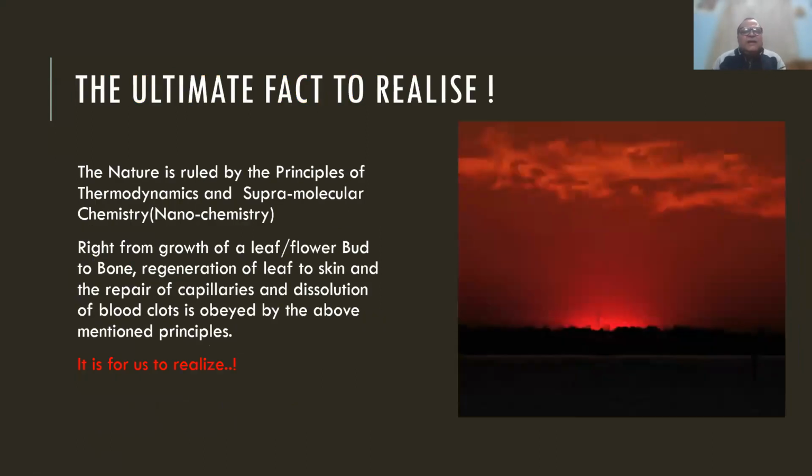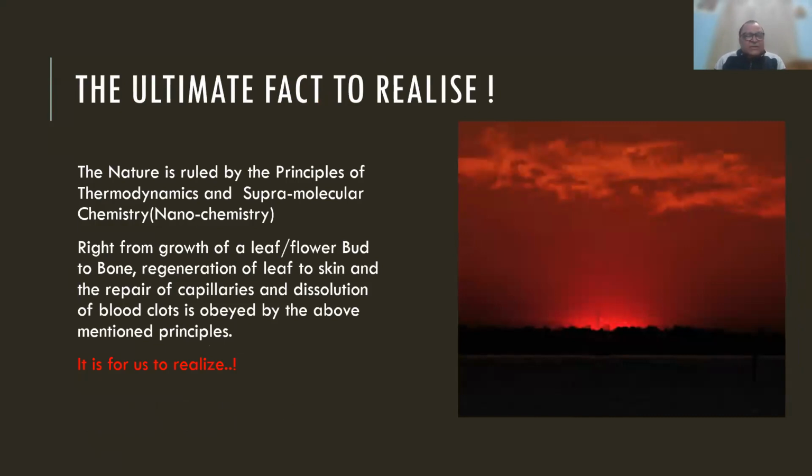So the ultimate fact to realize is that nature is ruled by the principles of thermodynamics and supramolecular chemistry that we perceive basically as nanochemistry, right from the growth of a leaf or a flower bud, to bone regeneration, regeneration of leaf to skin, and the repair of capillaries and dissolution of blood clots, all obeying the above mentioned principles.